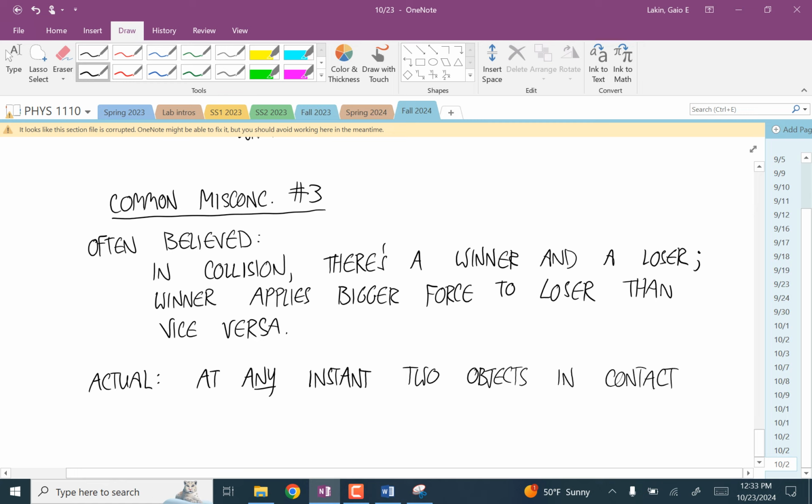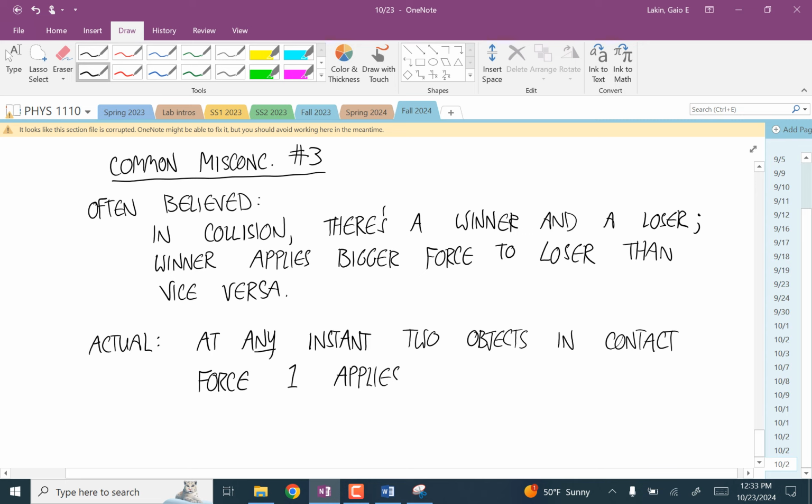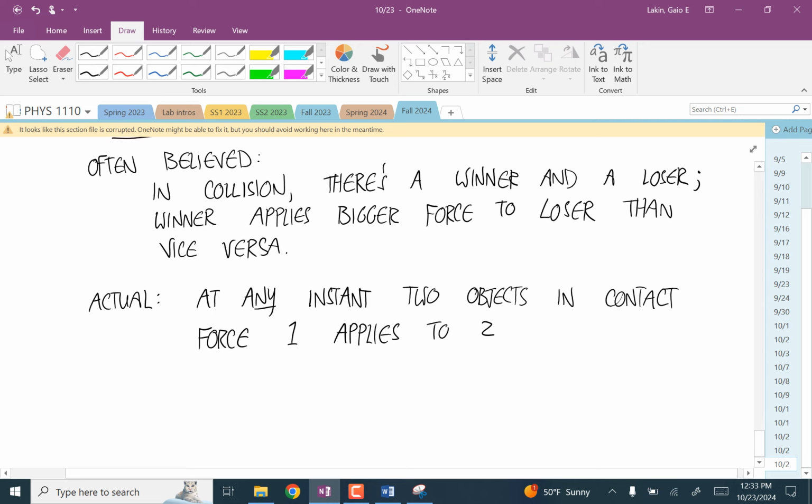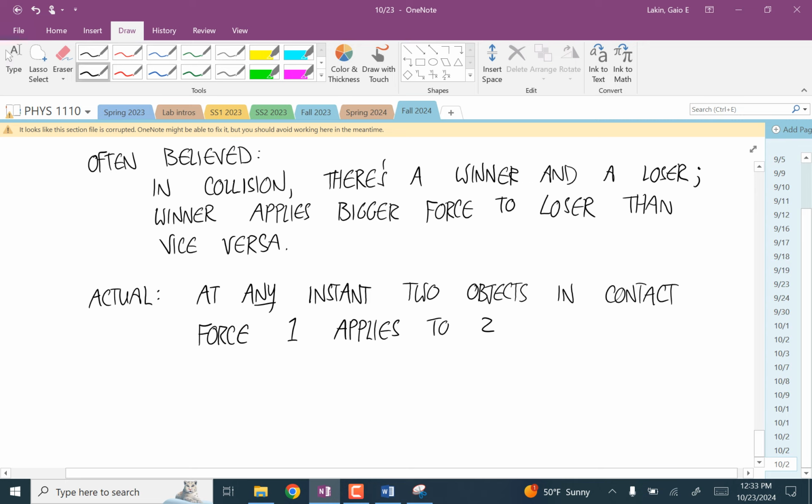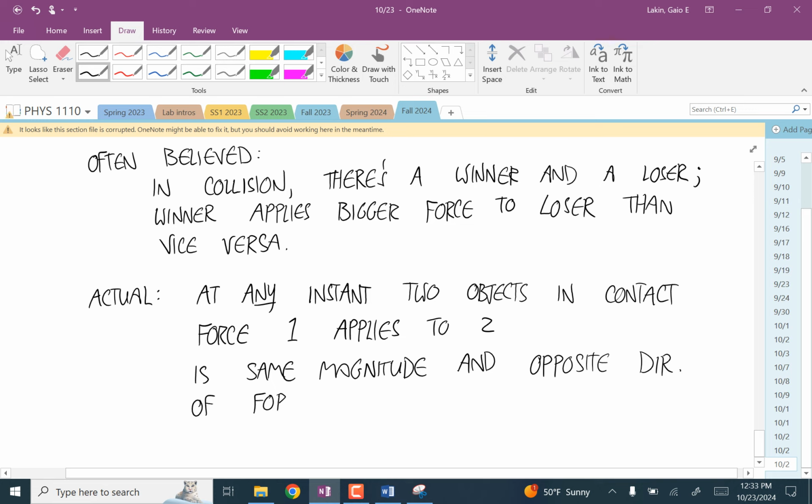The force that one applies to two is the same magnitude and opposite direction of the force that two applies to one.